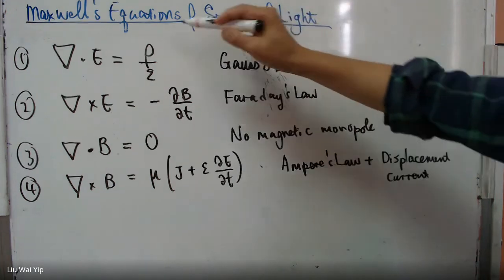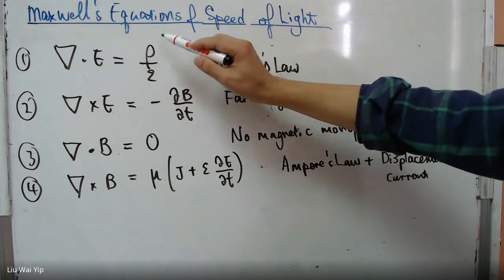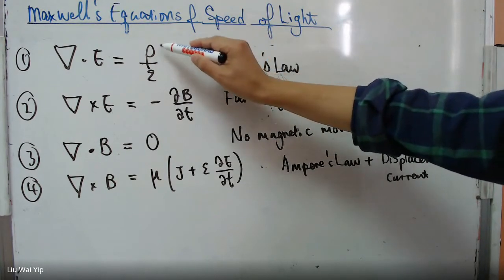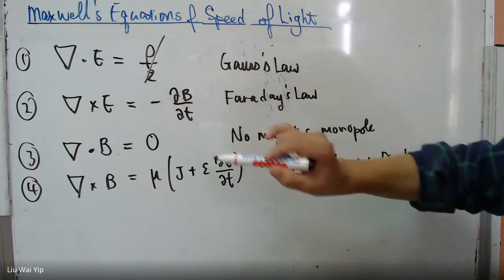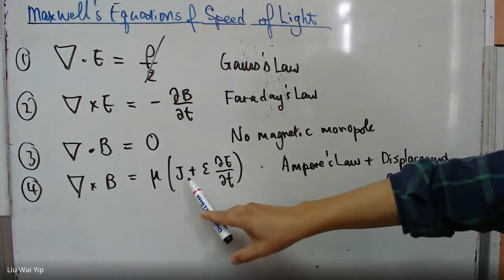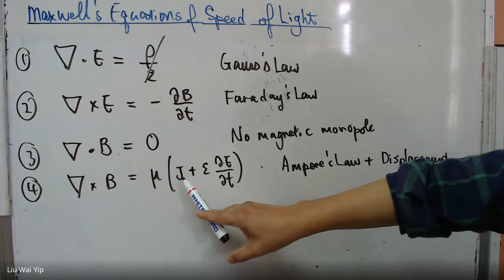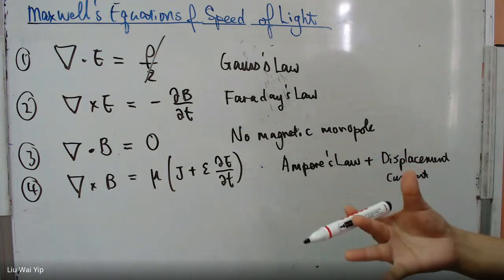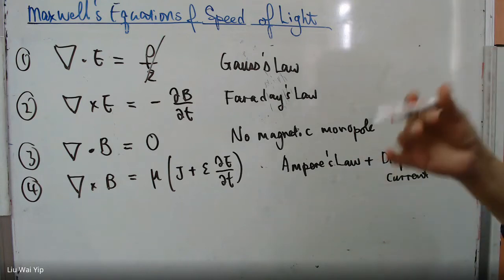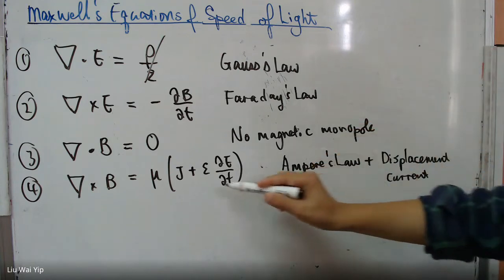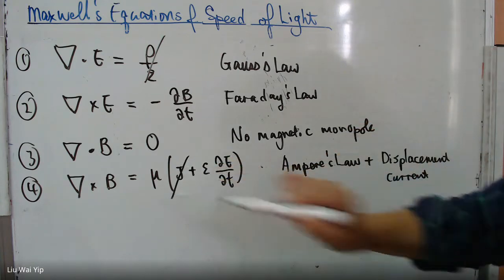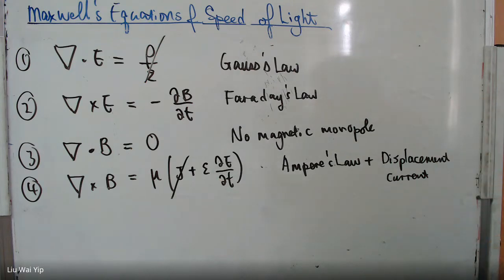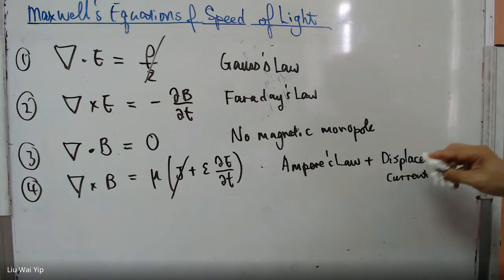So in other words, rho here is the charge density. To begin with, the charge density should be zero. And by the same token, with no charges at all, there shouldn't be any current. dq dt is zero. So this is another term to be cancelled. So this is the assumption we have.